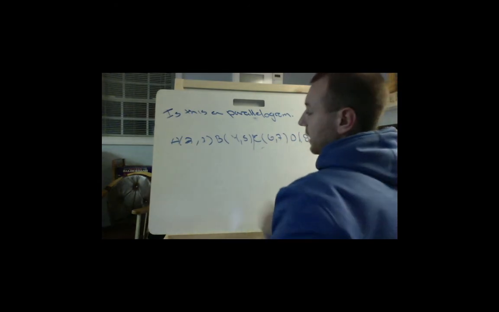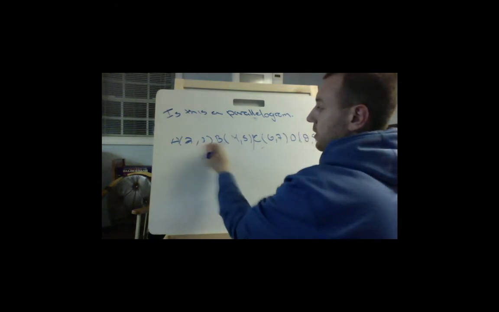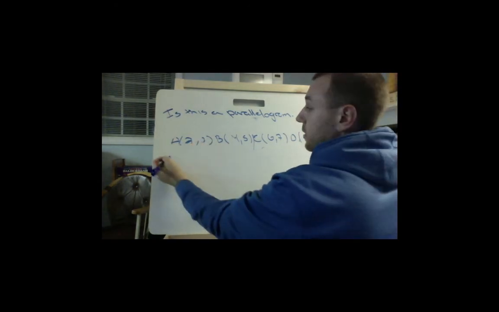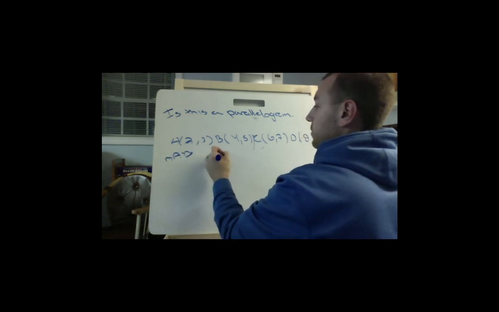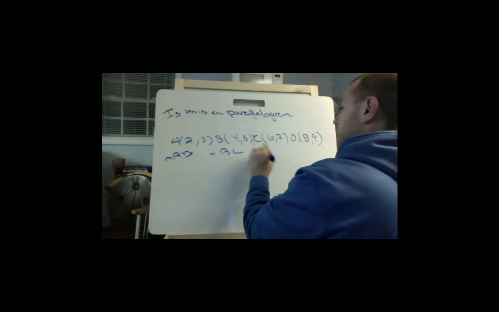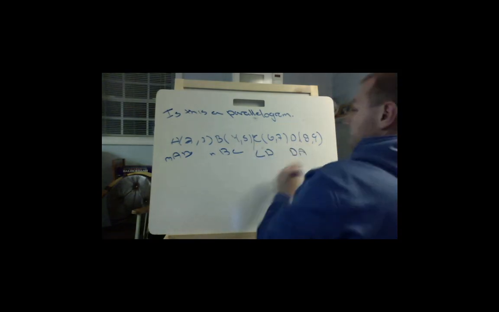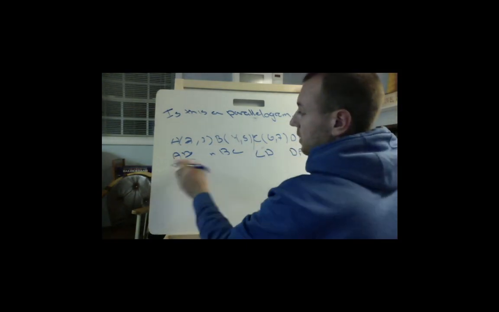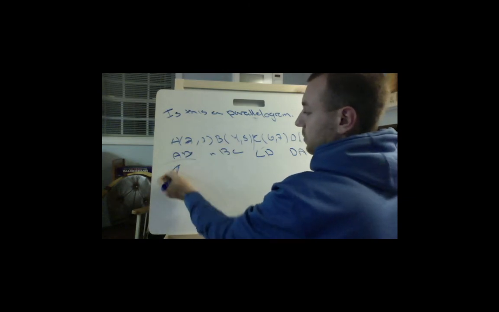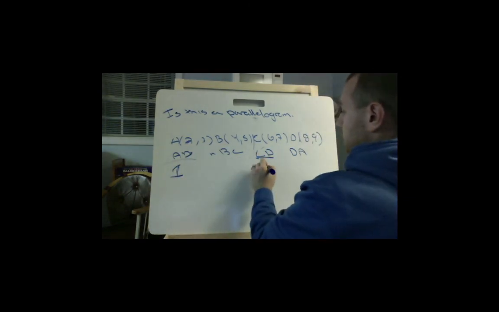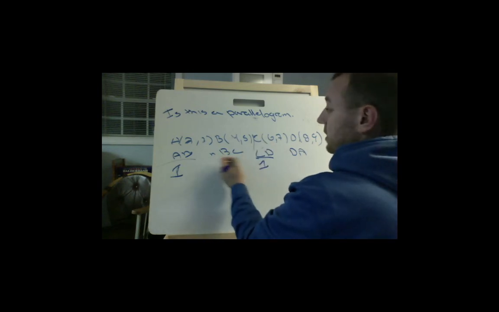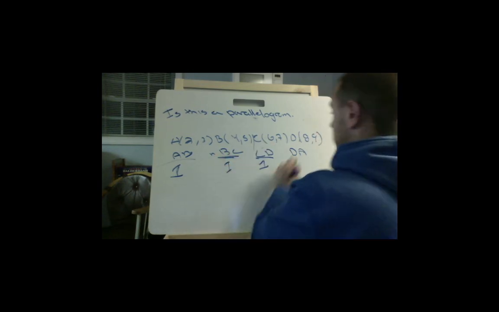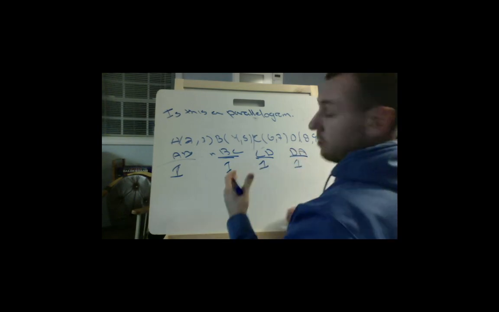What you have to do is find the slope between each one of these points. So you have to find the slope between A and B, between B and C, C and D, and D and A. And we know this was 1, we know this was 1 from the previous example. This is still going to be 1, and this is going to be 1.